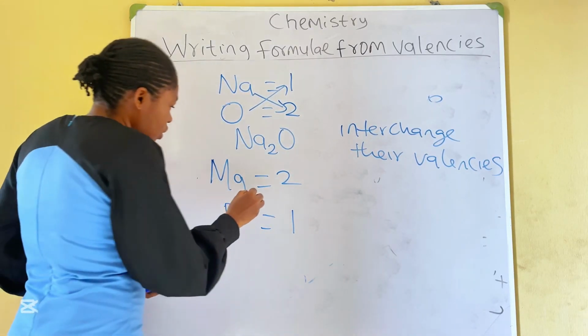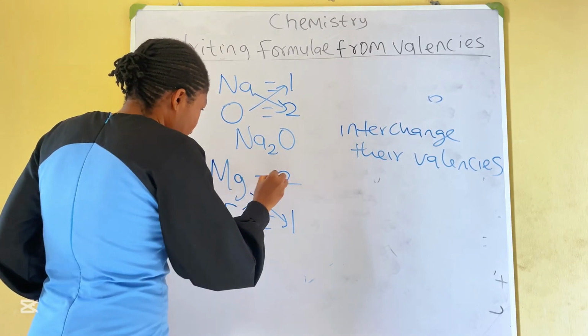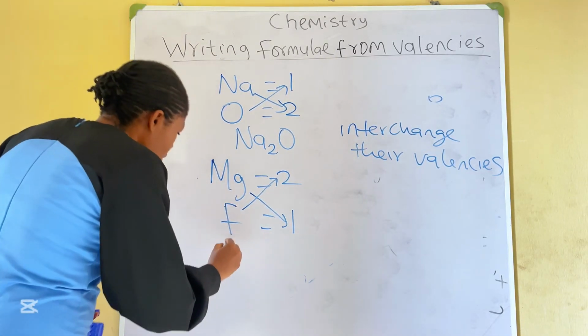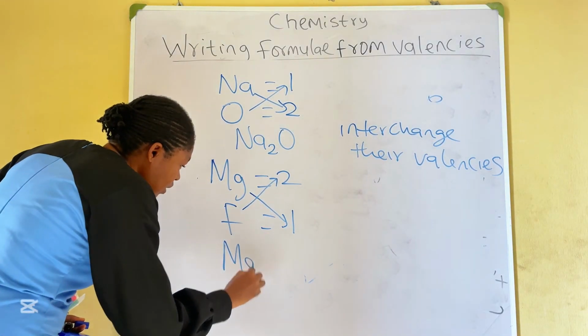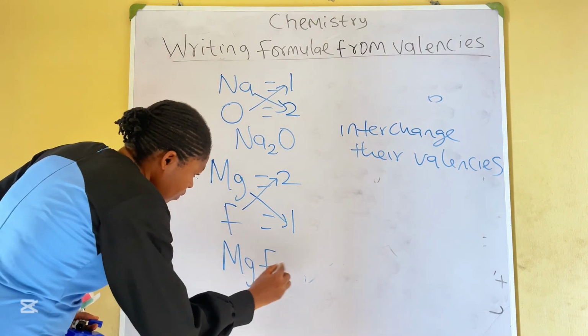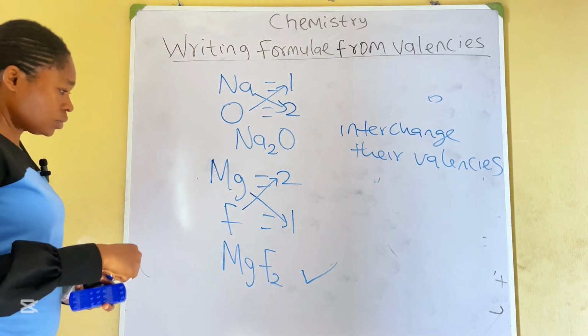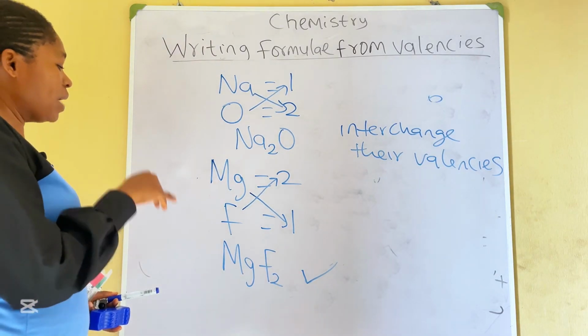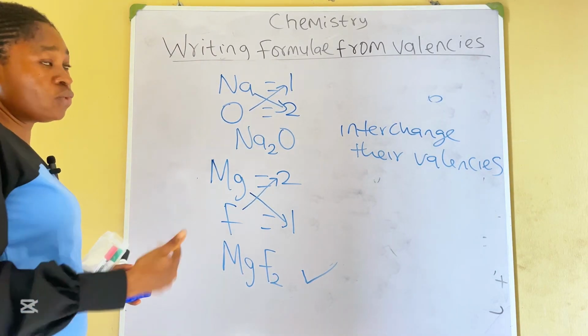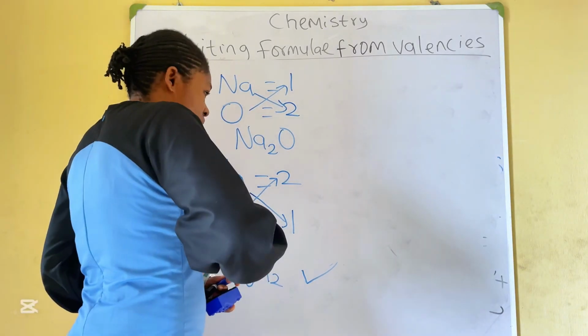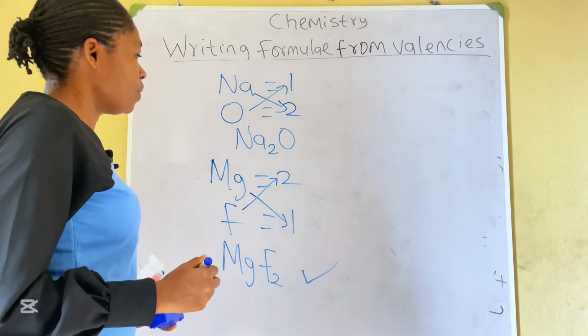So interchange. Please don't fail to interchange. So magnesium, remember if you have 1, you omit it. Subscript 2. This is the symbol for magnesium. Chemical formula of what? Magnesium fluoride.